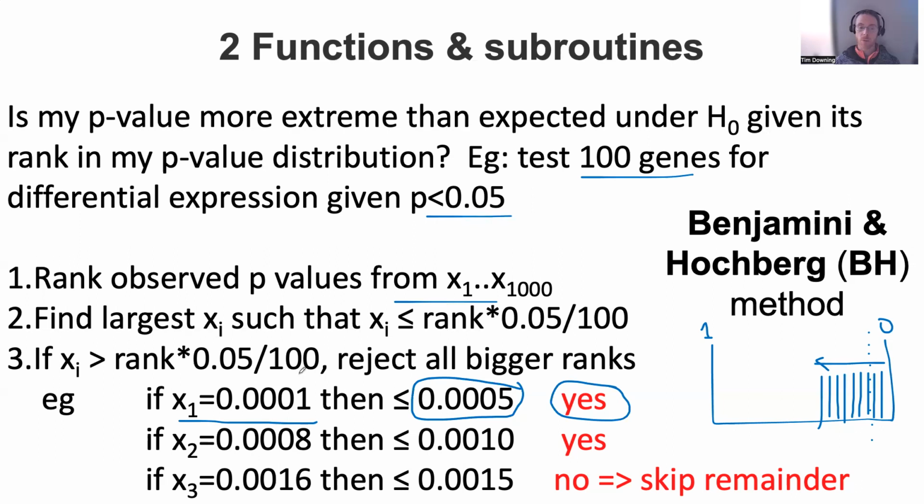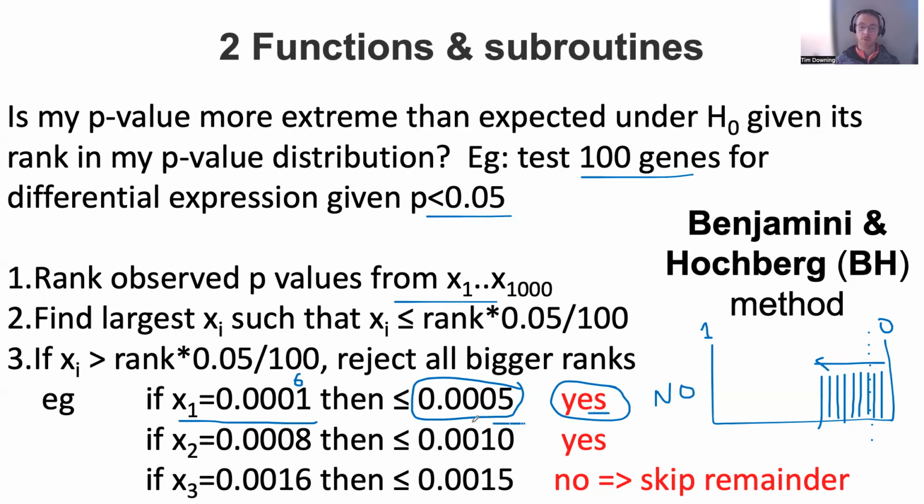If x1 here is, for example, 0.006, we would in fact say no, this is not extreme, and we would reject all the remaining p-values. We say, actually, none of them are extreme here. It's not worth looking at further. However, in this case, we had a yes initially.